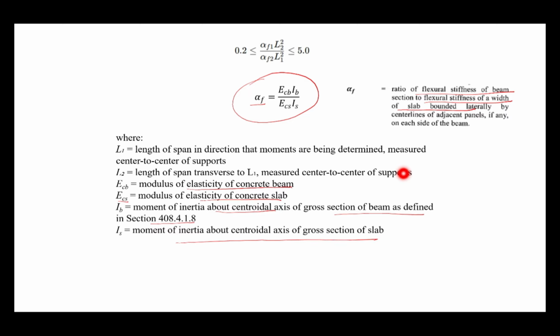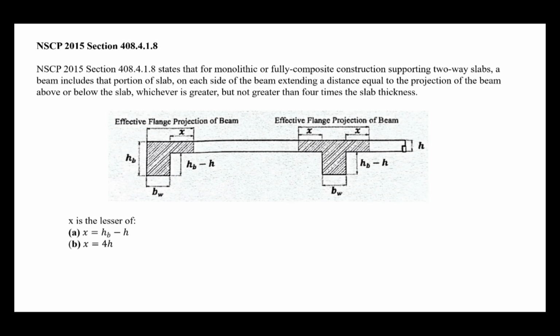In the computation of IB, we are to refer to this section 408.4.18. In this section of NSCP 2015, the code acknowledges the effect of a monolithic or fully composite construction.